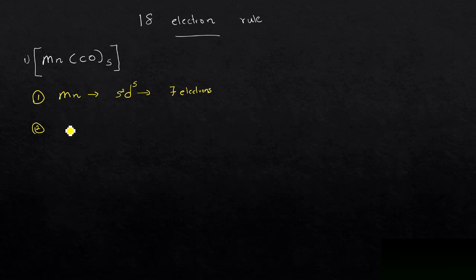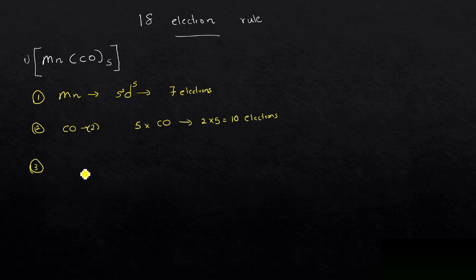In this case we have carbon monoxide, and just think carbon monoxide will give 2 electrons to the metal center. Here we have 5 carbon monoxides, which gives 10 total electrons.